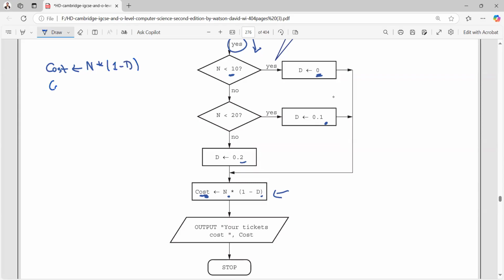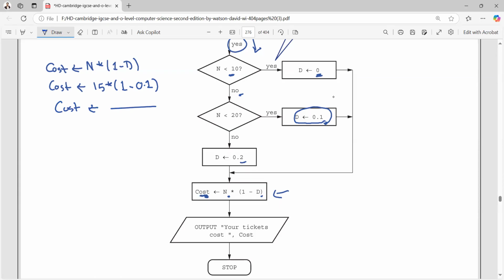So, for example, if you have number of tickets of 15: is 15 less than 10? No. Is 15 less than 20? Yes. That means the value of discount is 0.1. 1 minus 0.1, you will get your cost with the level of discount right here.